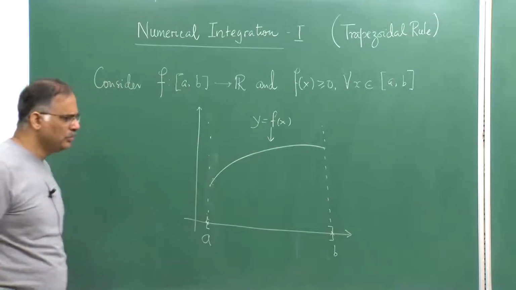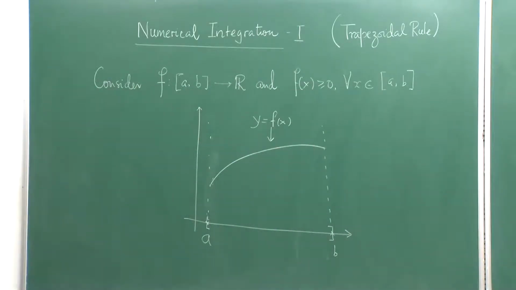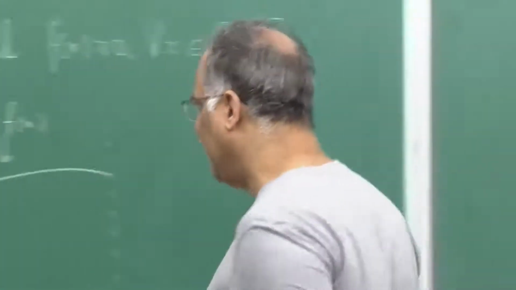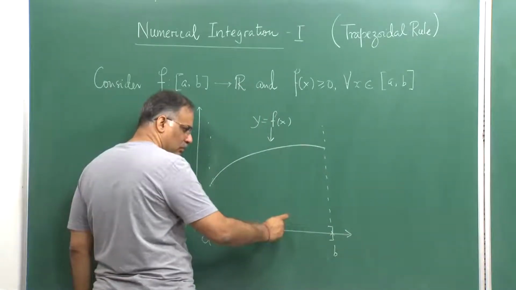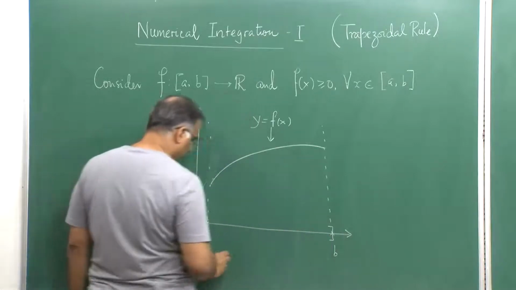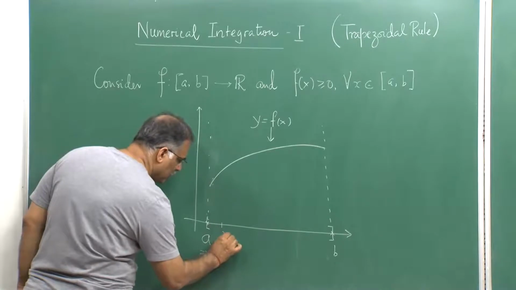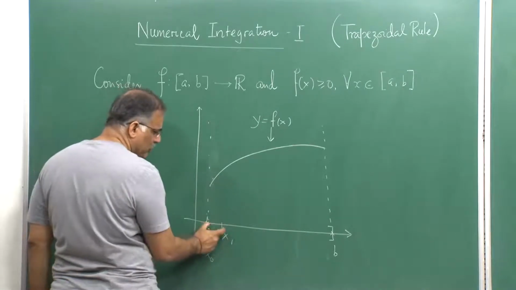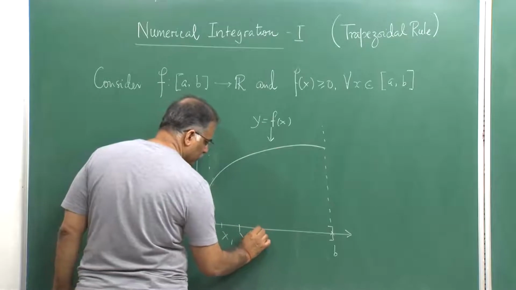What I do in numerical integration techniques is divide A and B into equal intervals. I put partition points in such a way that the length from A to x1 is the same as the length from x1 to x2 and so on.